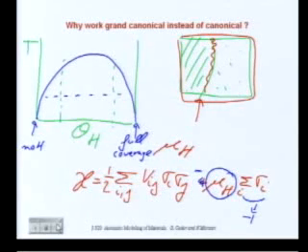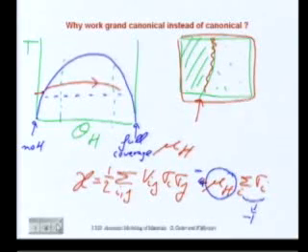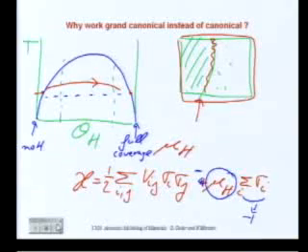If you do this by cranking up the chemical potential, you'll essentially move from here to here, from no hydrogen. You'll move to this phase boundary, and then you'll jump across to this phase boundary, and you will never live in the two-phase region. So let me actually plot that.